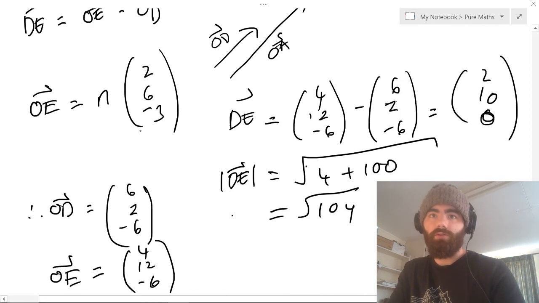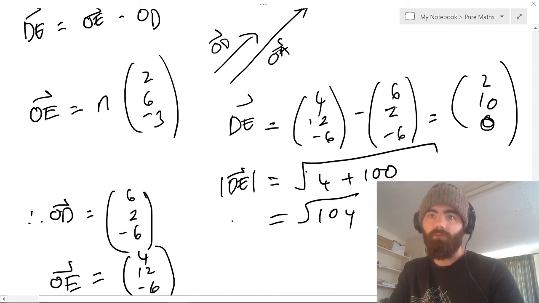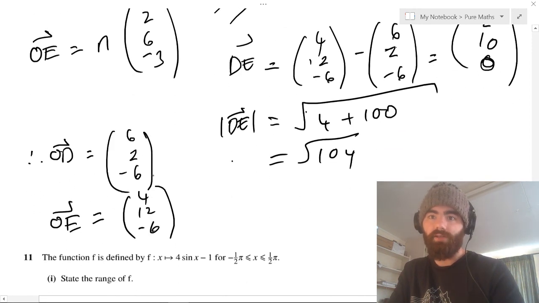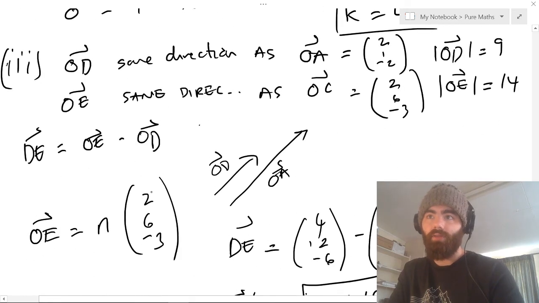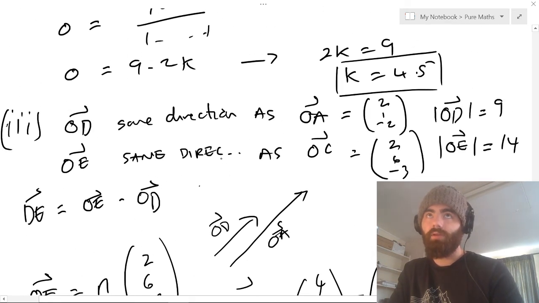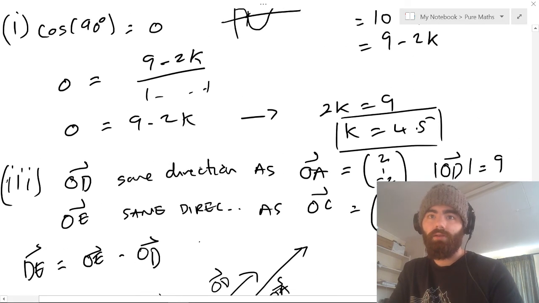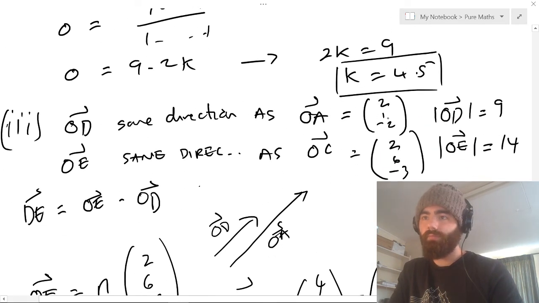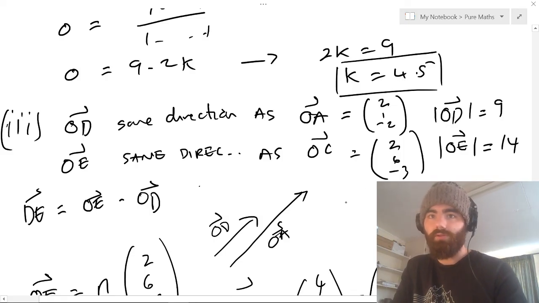So 2 times this is 4, 12, minus 6. And the other one was 3 times this. OD was, let's just do this quickly again. So it's 4n squared plus n squared plus 4n squared.